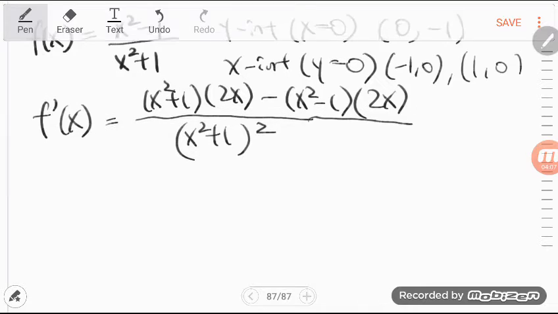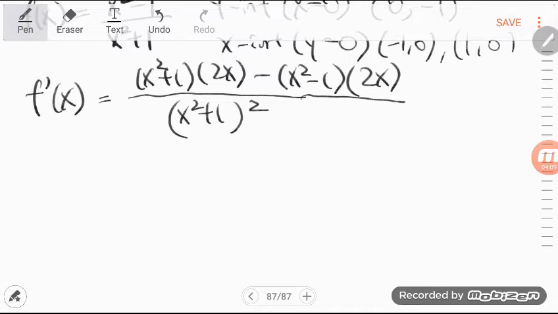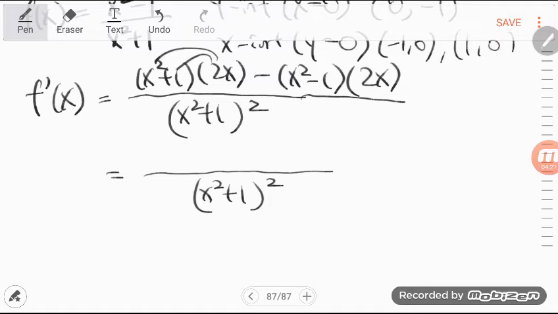If I simplify this, I will have x squared plus 1, squared for my denominator. And I'm going to distribute what I have here. So I have 2x cubed plus 2x. Distribute here, and don't forget the negative in the front.